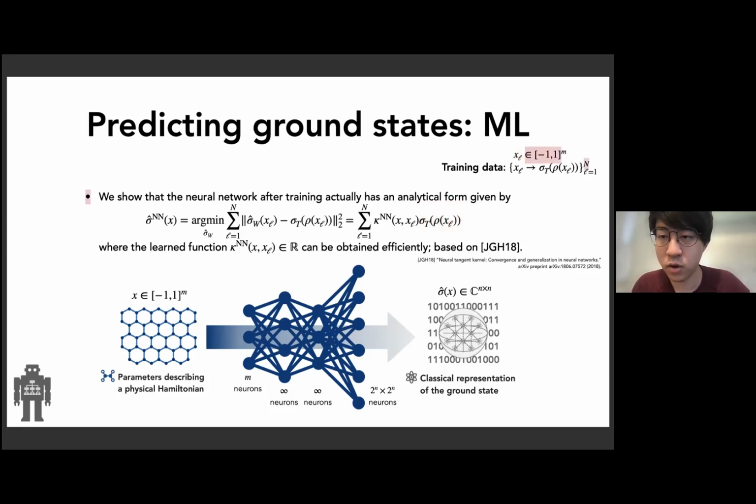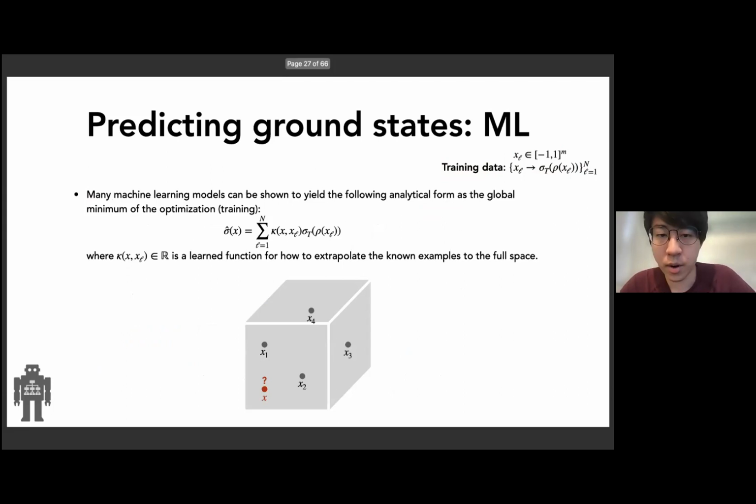So not only does the neural network admit this kind of representation, actually many machine learning models can be shown to have pretty much the same analytical form as the global minimum after performing training on the training set. Here, this kappa is a learned function, and the sigma t is the output in the training data.